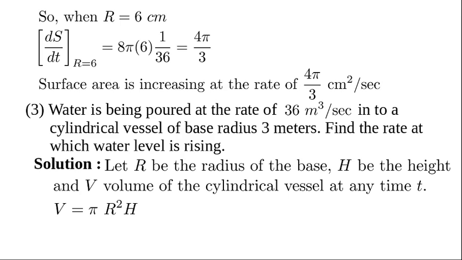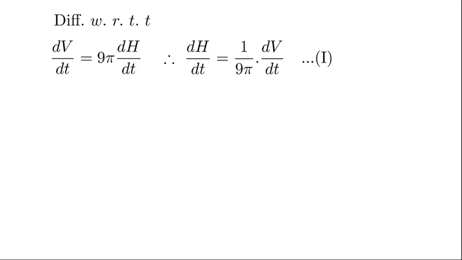And we know that V equal to pi r square H. Before differentiating, since R is 3 meters, this is a fixed value. Let us substitute the value of R here. So, we get V equal to 9 pi H. Differentiate this with respect to t, and that gives you dV by dt equal to 9 pi times dH by dt, which gives dH by dt equal to 1 upon 9 pi dV by dt.